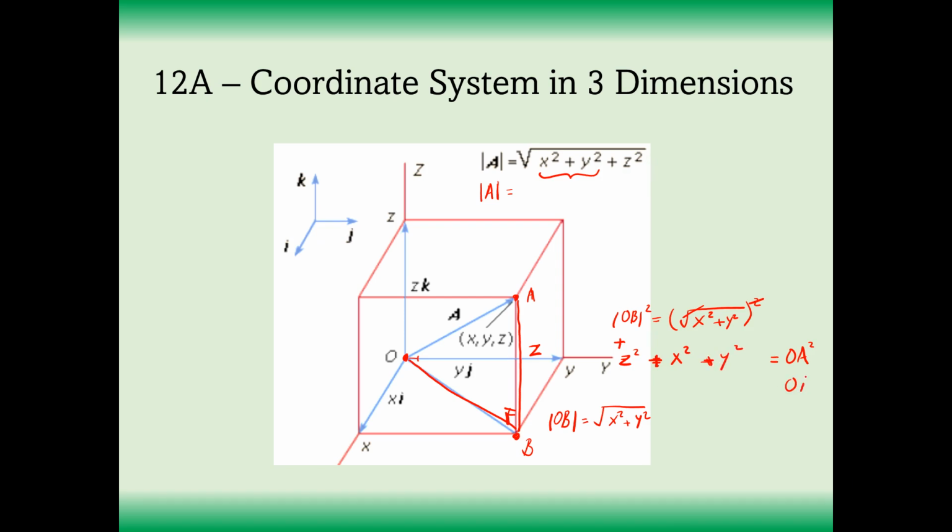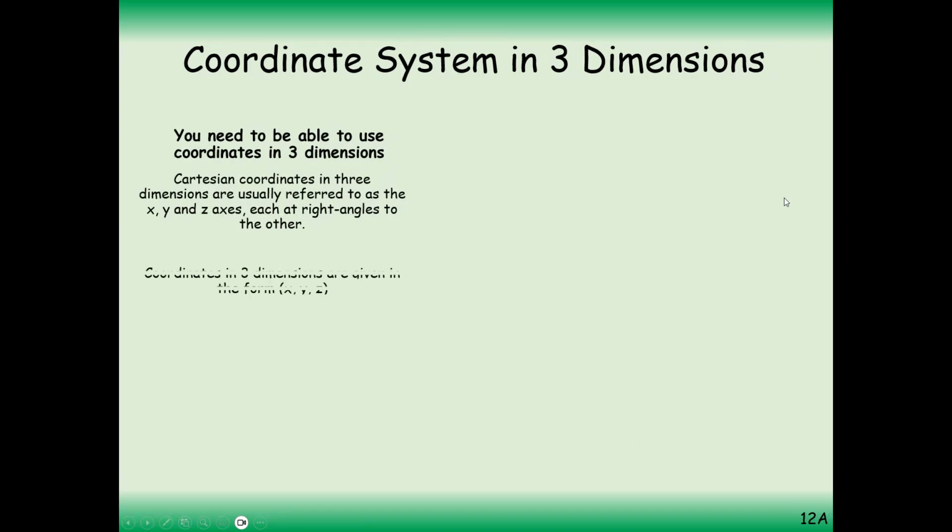To find OA, the absolute value of OA, we need to take the square root of x squared, y squared, and z squared all added together. Okay, so that's the preliminary. We can drop the O, and the magnitude of A is therefore what this is.